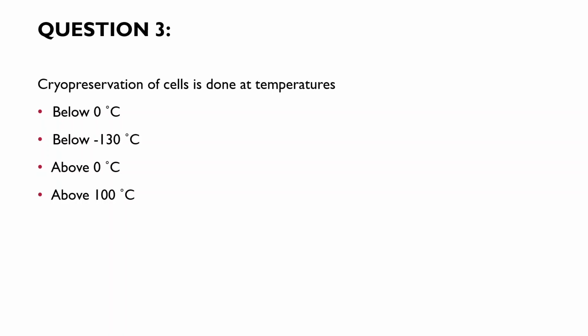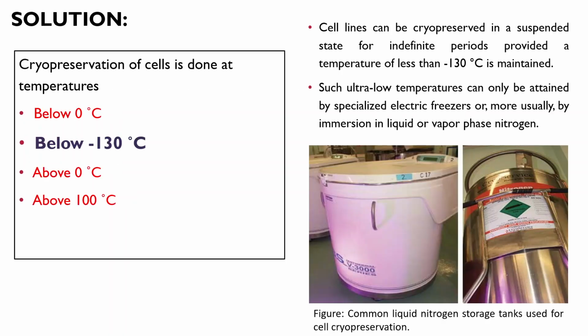Now let's discuss the right answer. As we already discussed in the previous question, cryopreservation is the technique by which cells are stored at sub-zero temperature for long-term storage. The sub-zero temperature is usually maintained at minus 130 degree centigrade. So minus 130 degree centigrade is the right answer.